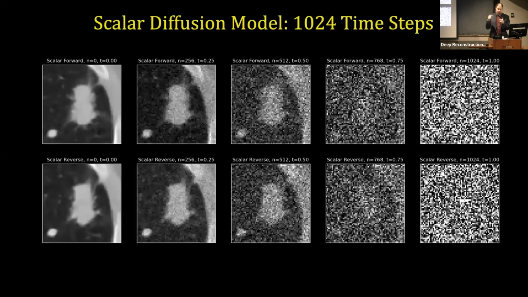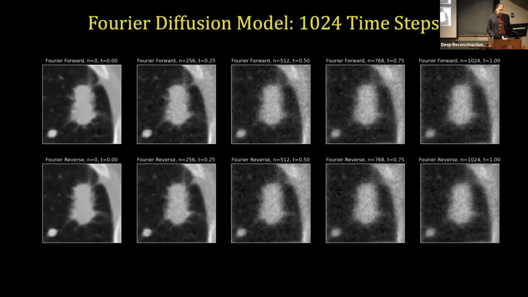I'm going to stick with this, but now, even though we're operating on the full image, it's helpful to look at the zoomed in version. If I go to the Fourier diffusion model, you can see that I start there with the blurred noisy image here. We run the reverse process. Looks good. We have similar image properties. They're not the same image because there's a different noise realization there.